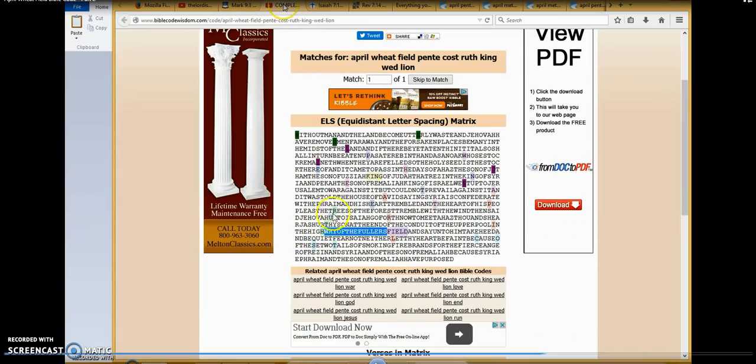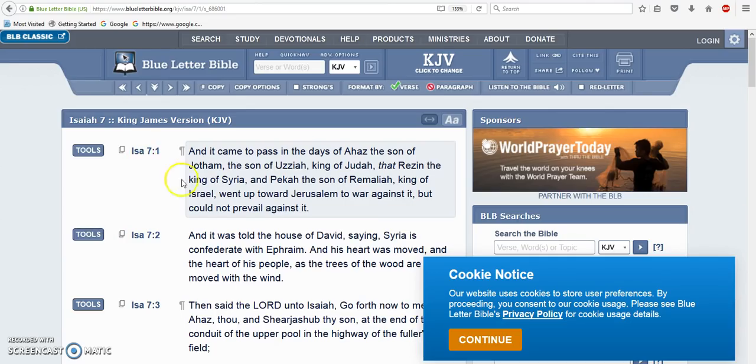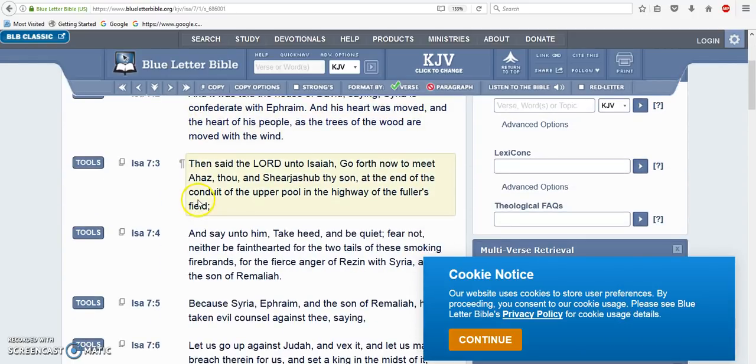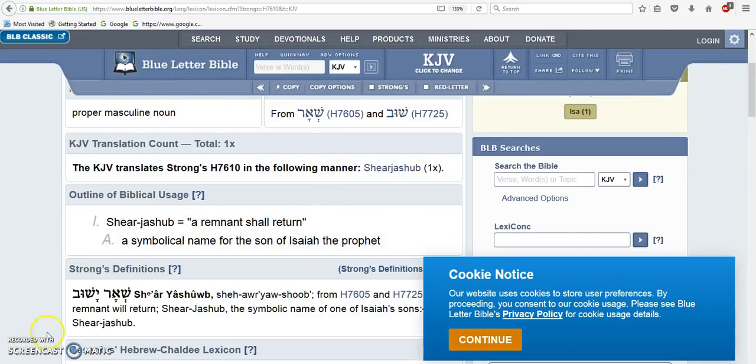This was coming up in Isaiah 7. And this is where you had a confederacy going against Israel, starting with verse 1, which makes number 17 backwards. And then it was in verse 3 where the Lord said unto Isaiah, "Go forth now to meet Ahaz," which means rapture, as I mentioned before, "thou and Shear-Jashub," which means a remnant shall return.